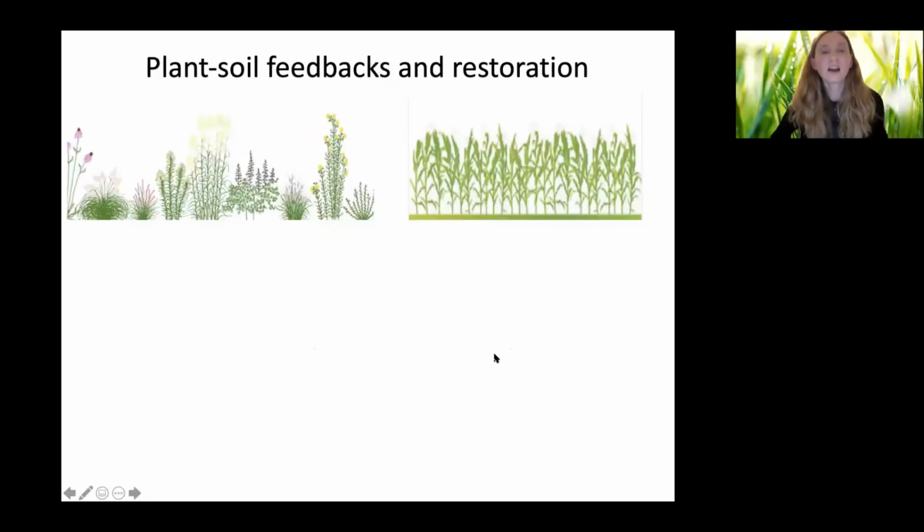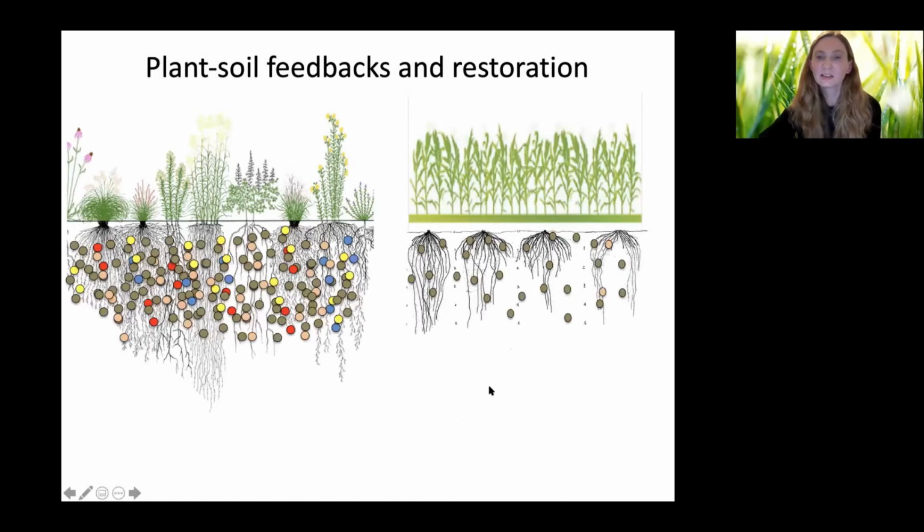And oftentimes the diversity that's seen above ground is reflected in the diversity seen below ground as well. So here, if you have a mixture of plant species, you may also have a mixture of mycorrhizal species in the soil. Whereas if you have maybe a monoculture of corn, for example, and years of tillage and fertilizer applications and pesticides and all sorts of different things, that can have a negative impact on the mycorrhizal communities in the soil.